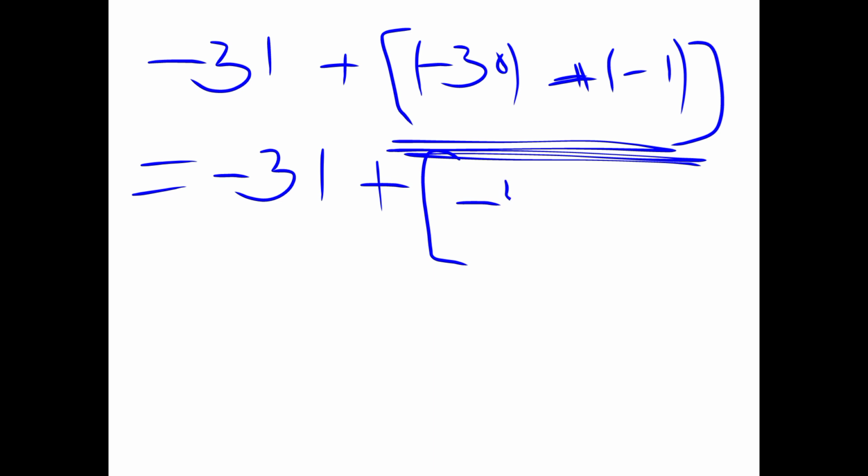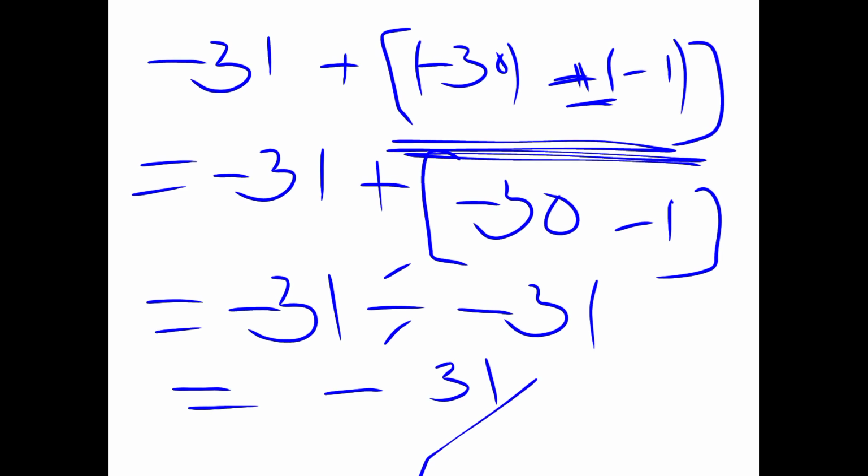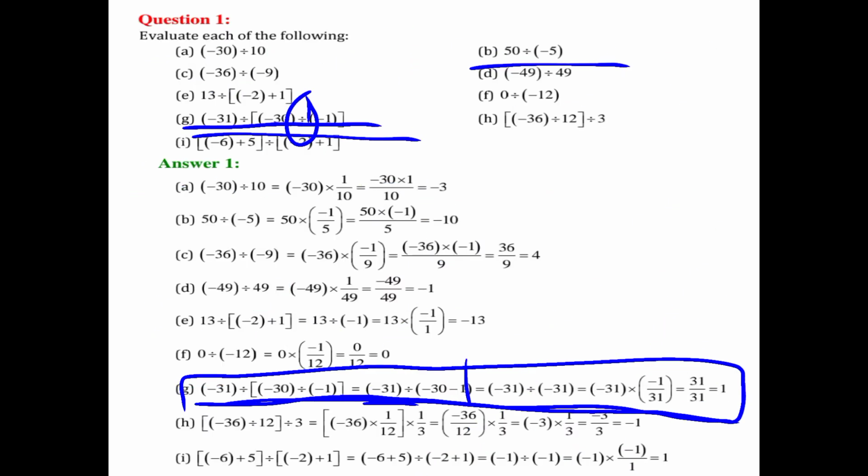This is negative 30 and the signs are different, so it will be negative 1. Then it will become negative 31 plus negative 30, divided by negative, that is equal to negative 31. Then that is equal to negative 31 divided by negative 31, which is equal to 1. So this is the solution to G part.